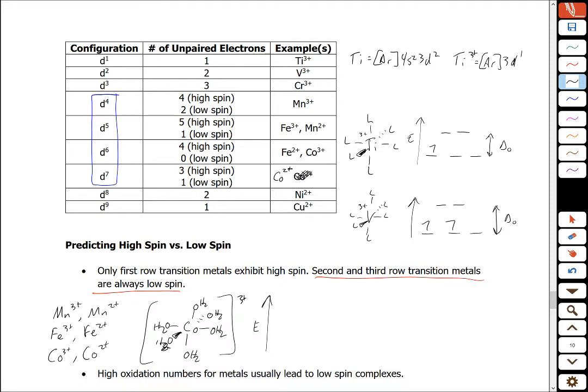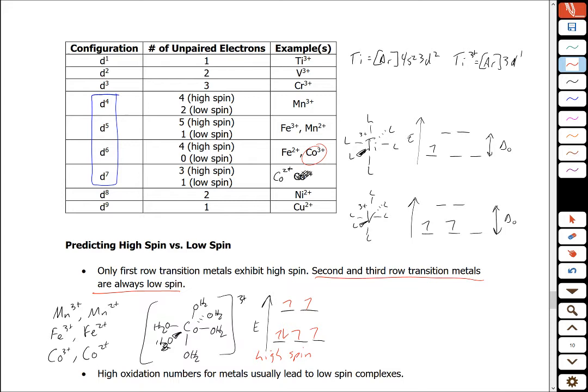We show the energy level diagram, the d orbitals split. Cobalt 3 here is D6, and so cobalt 3 is going to be just like iron 2. It's going to have 4 unpaired electrons.